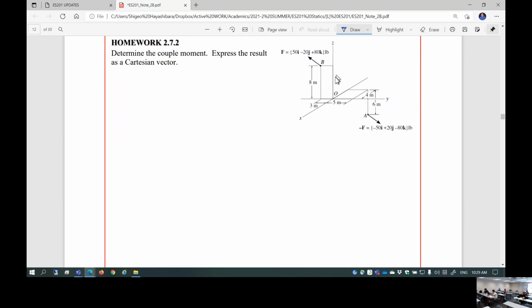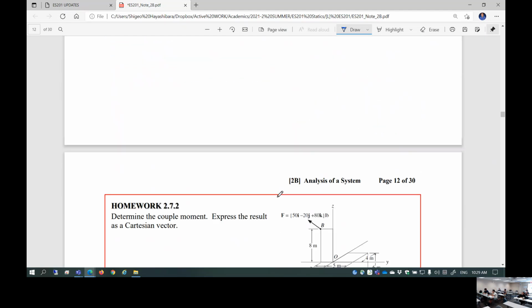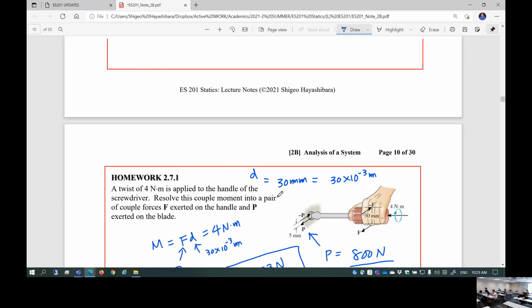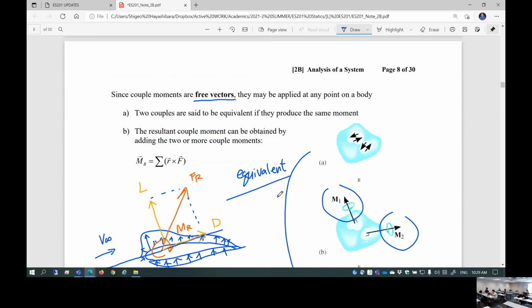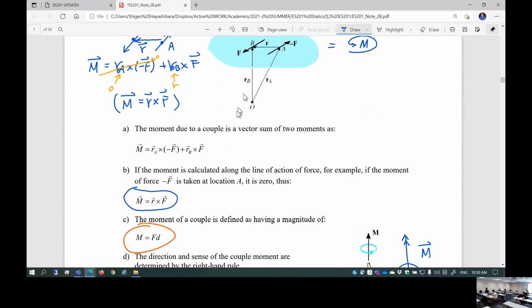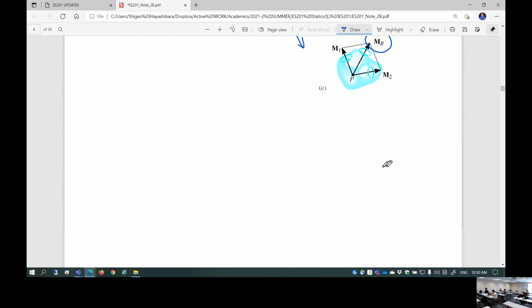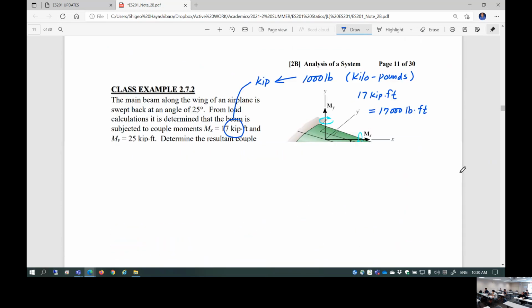This is going to create a couple moment. What kind of moment in 3D space can you create? You need to go back to the notes, which say this is what the couple moment is, and then the resultant is a moment vector. So that's the homework.